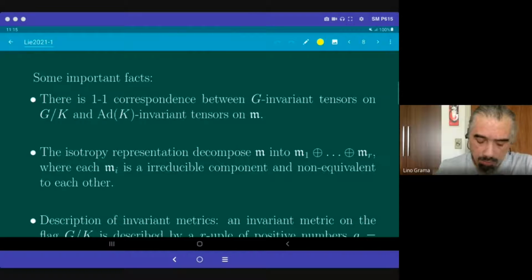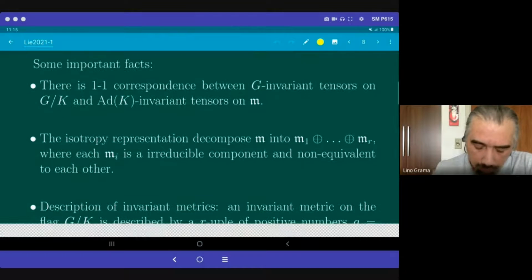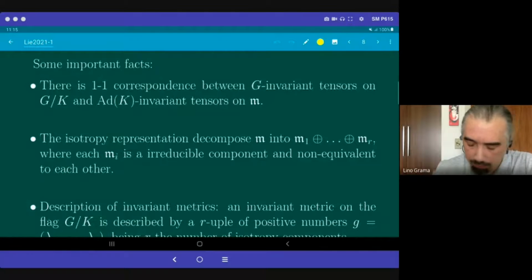Let me just recall some facts. There is a one-to-one correspondence between the G-invariant tensors on the homogeneous space and tensors on this vector space that are invariant by the adjoint representation of the isotropy group.